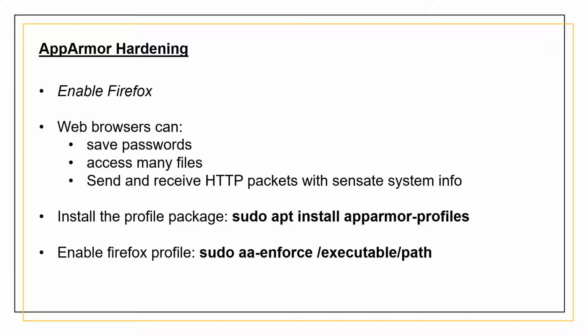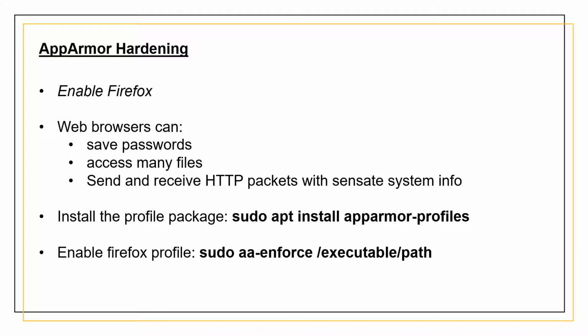And this is important because web browsers have a lot of access to things on your machine, including any passwords that you've saved, any files you've given it access to. It sends and receives HTTP packets that contain sensitive information about your system. So it's important to protect these applications.